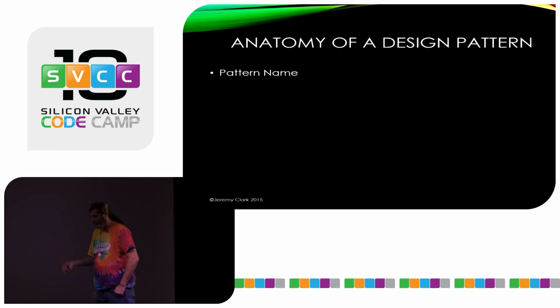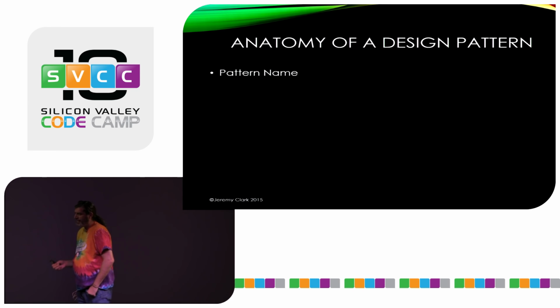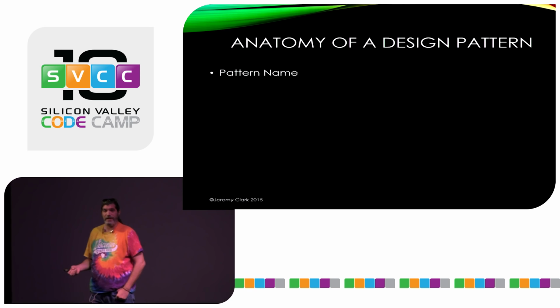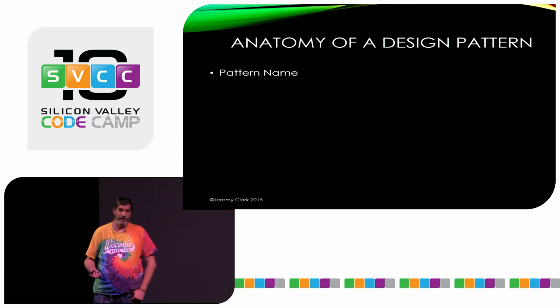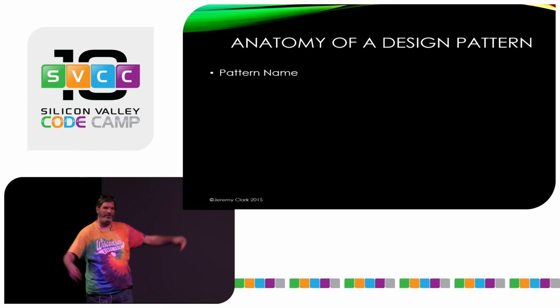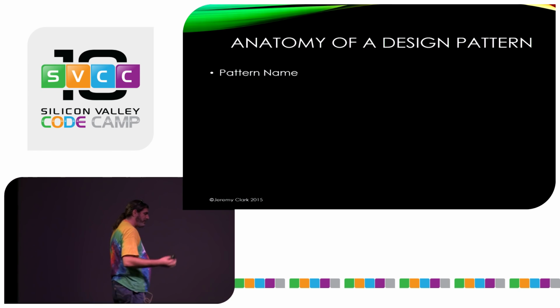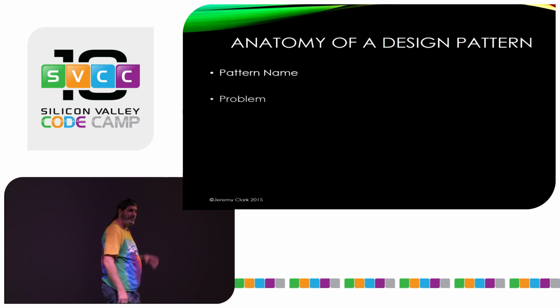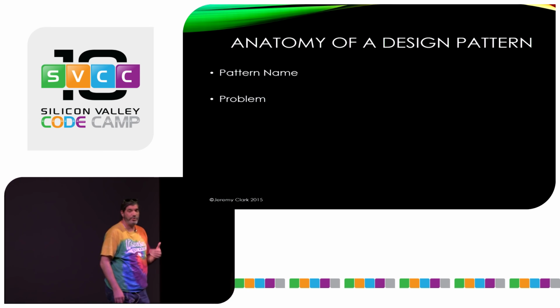Today when we create new patterns, we usually have to give them longer names so that we're unambiguous. So we get patterns today like MVVM, the model view view model pattern. So a lot of times we end up with a lot longer names these days. So the pattern name, again, this is what we can use in everyday speech. Now, the next part of the pattern is the problem that we're trying to solve.